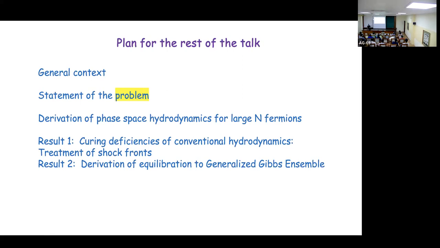Just to understand, this part of the talk is basically hydrodynamics, or is it that the hydrodynamics itself will break down because of the profile? The normal hydrodynamics in terms of real space densities will break down. But the hydrodynamics in terms of phase space densities will not break down. Just to let the cat out of the bag, when the shock forms in terms of real space hydrodynamics, real space density, there's an infinite derivative that happens.